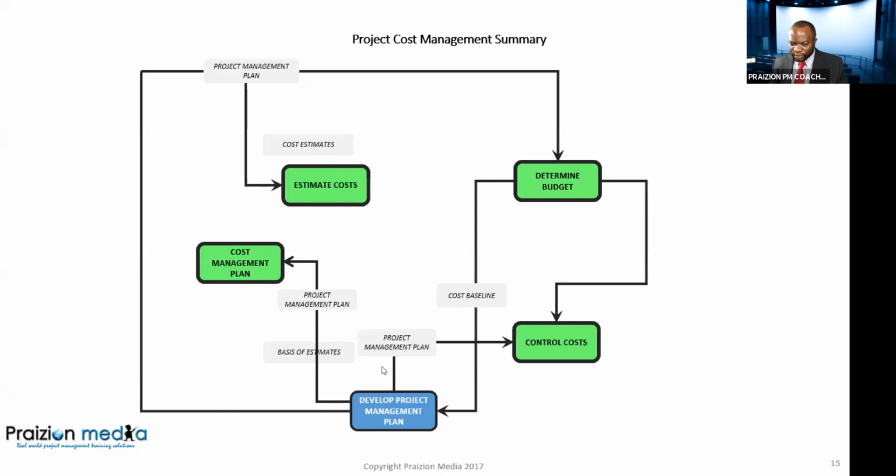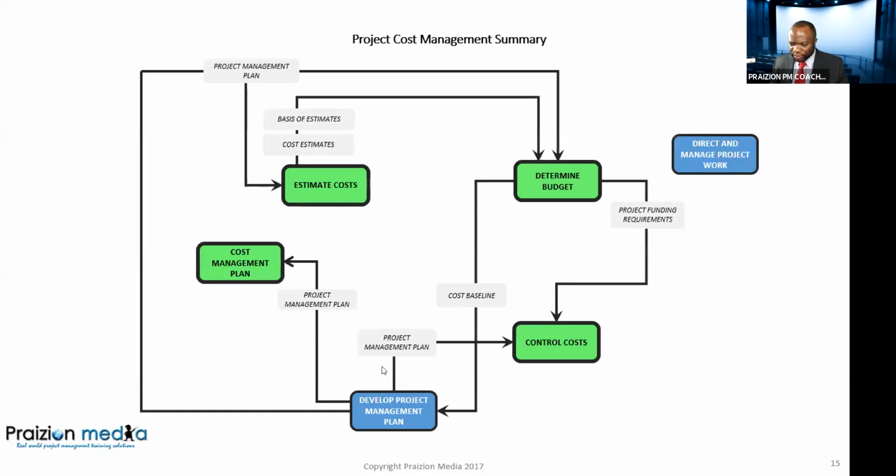Now, from determine budget, there's a relationship, your project funding requirement, that becomes part of what you see in control cost. Now, if you go to the PMBOK guide, to that page where we have control cost, 7.4, and figure 7-10 on page 257, you see your project funding requirements, that is number 3.